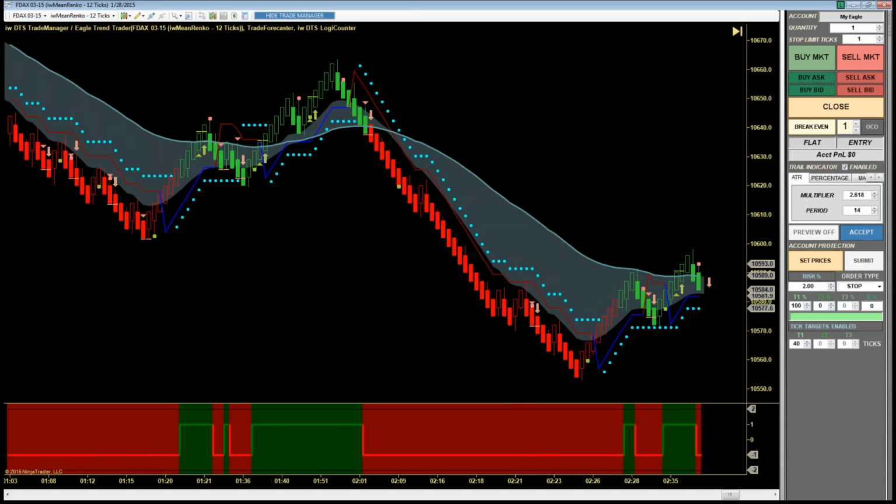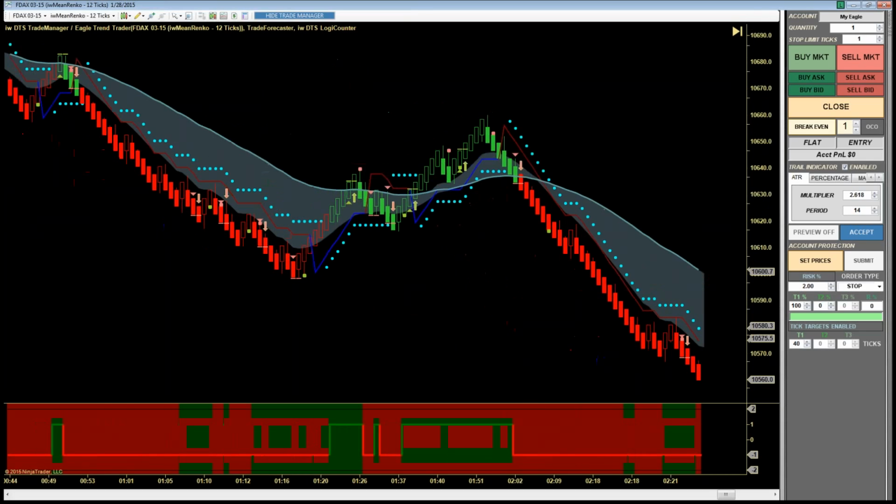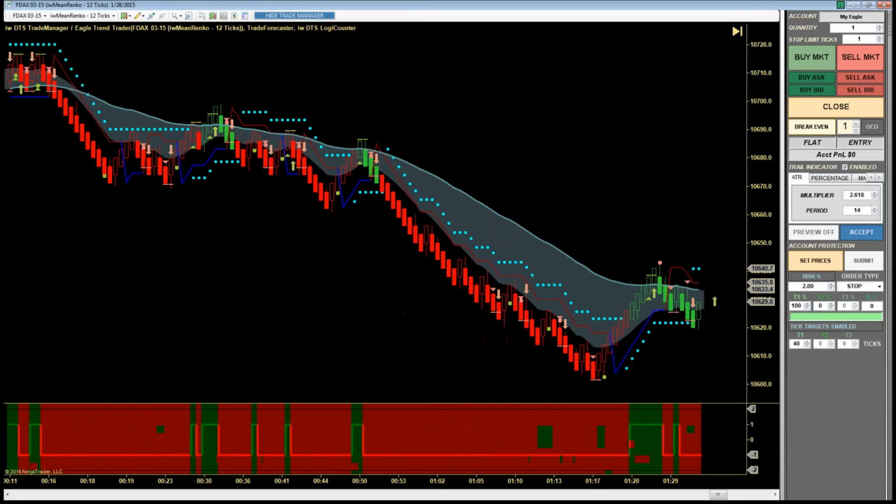This is odd that it was trying to generate a sell signal here. The Eagle didn't trip a sell signal. That is very unusual. Another reason why we have 3 tools, I guarantee you that even though the Eagle did not generate a sell signal, we did get sell signals on the Hawk and the Falcon. I can guarantee you that.